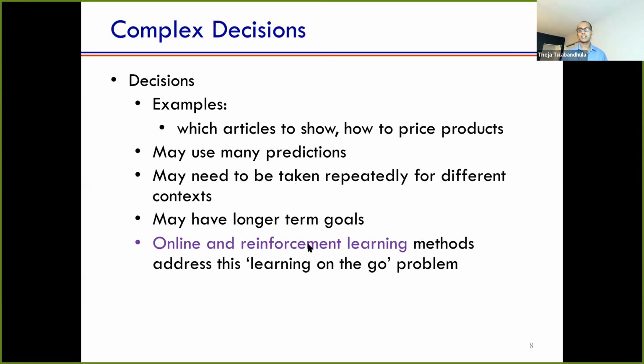That's where online and reinforcement learning ideas come in. We'll talk about this in a lot more detail, but I just wanted to give you a sense of these two buckets: deep learning for images, video, text, audio, and then decision making, where we'll talk about reinforcement learning mostly. But that's not all of decision making. There are many other ways to decide, but that's what we'll look at.